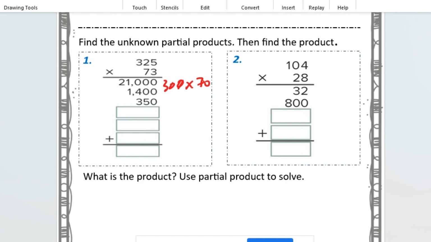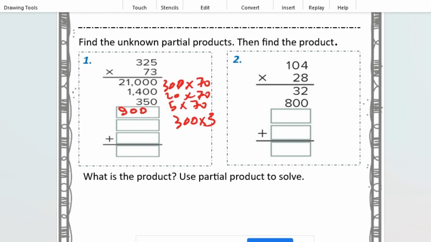So 300 times 70 is 21,000. 20 times 70 is 1,400. And lastly, 5 times 70 is 350. And now we find 300 times 3. 300 times 3 is 900, so we put here 900.